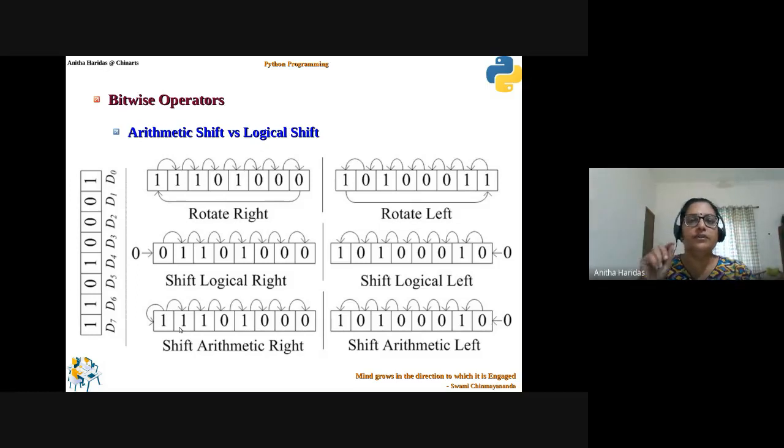Okay, so this is one basic difference you have to observe in the bitwise operator, especially in the shift operation. Whenever we have positive values, no problem for us. It is going to be similar. Logical right and arithmetic right are similar, and logical left and arithmetic left are similar.